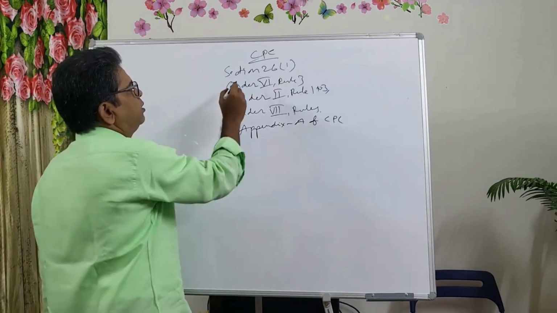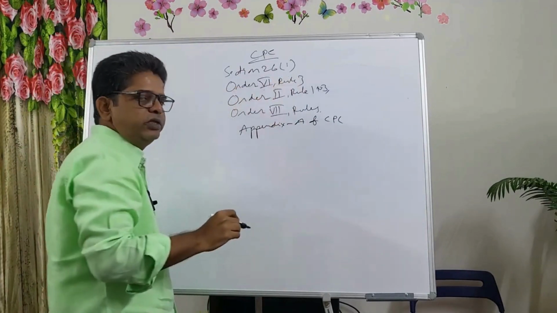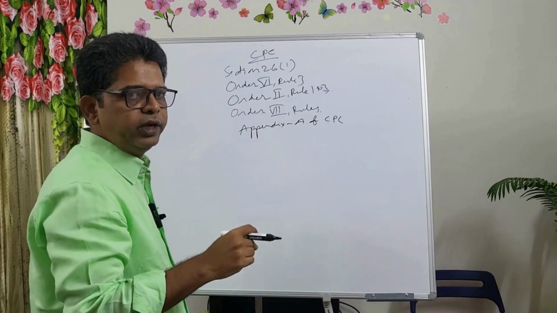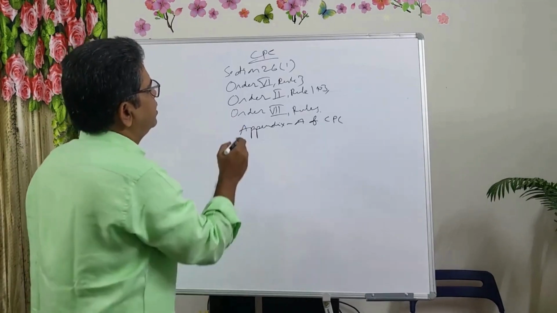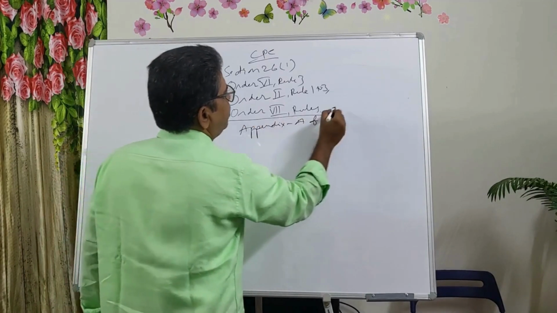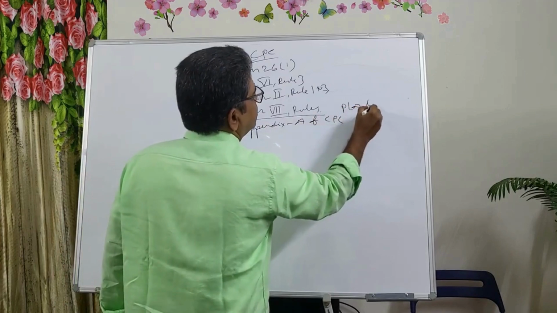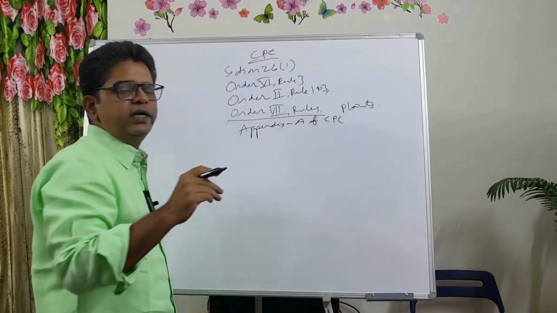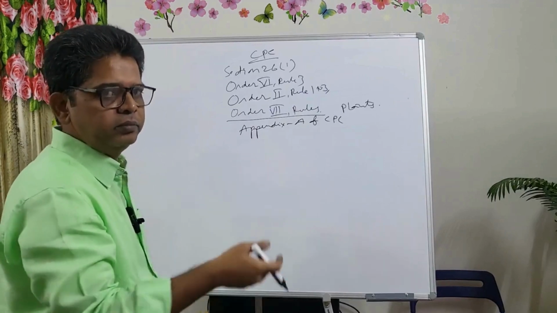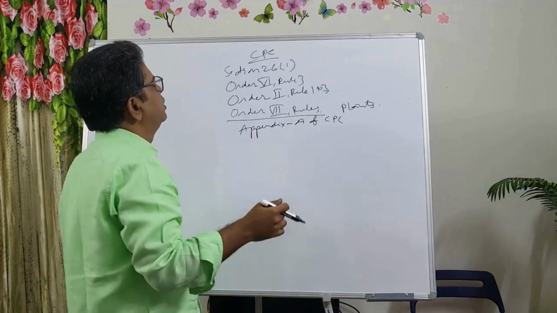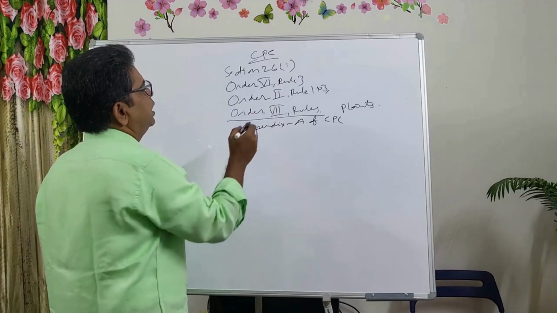Section 26, subsection 1 says that every suit shall be instituted by way of presentation of a plaint. Order 7 deals with plaints, what contents the plaint should contain; we will be dealing with that shortly.